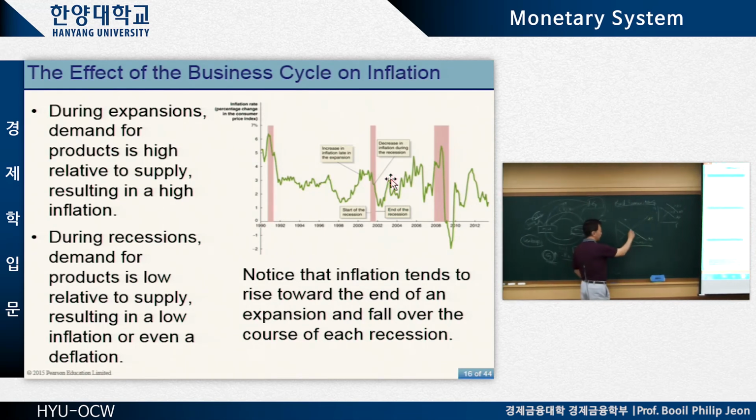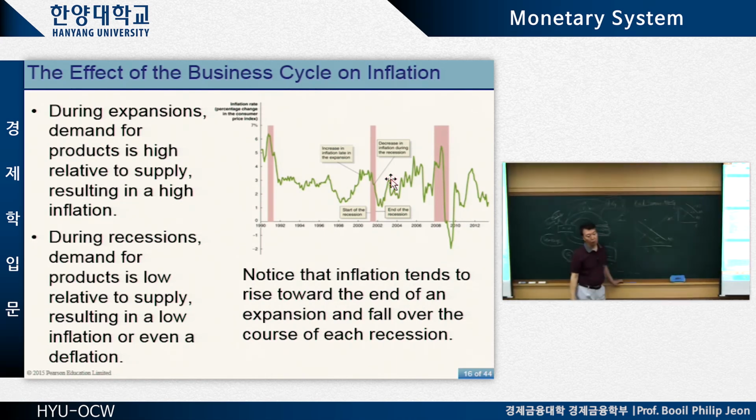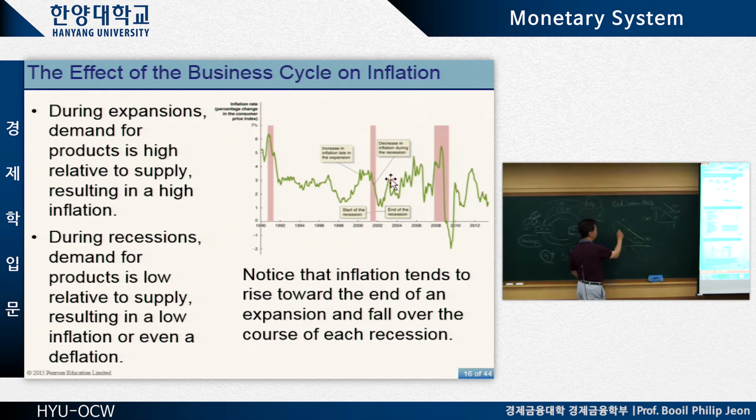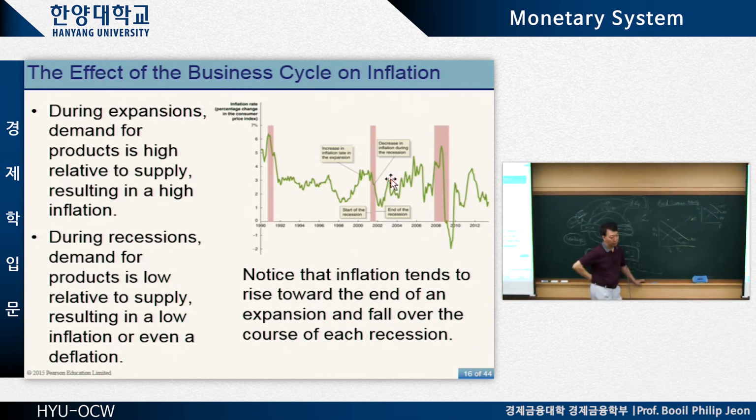And that means the income and output will decline, right? Then what happens to the price level? Price level will decrease, right?